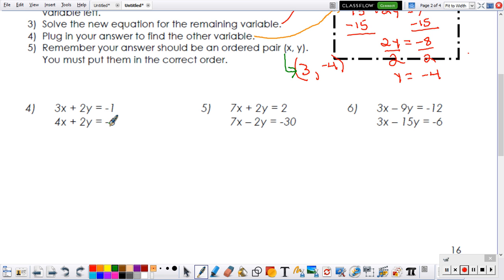Who cares? What I know is I've got 2y and 2y and they're both positive. Again, just like the example, if I add down right now, they will not eliminate. I need to change the signs. Because the numbers are smaller in the top equation, I'm going to change the signs of the top equation. It does not matter as long as one ends up positive and one ends up negative.